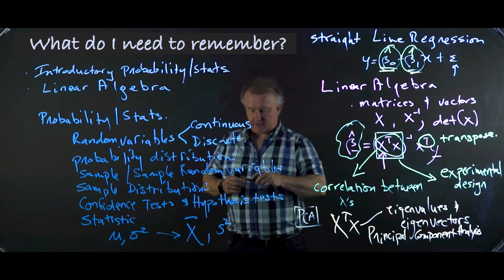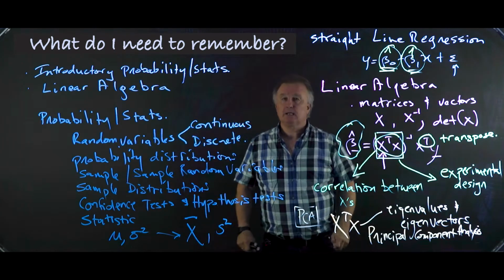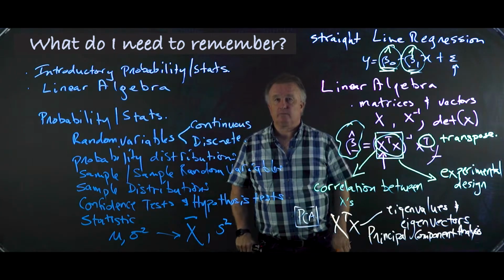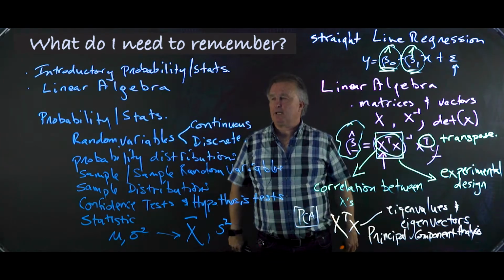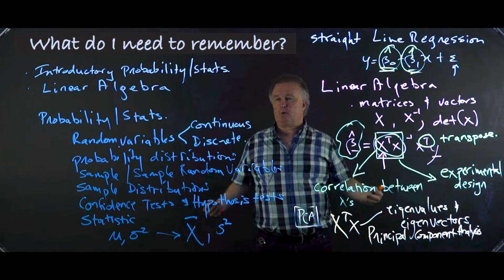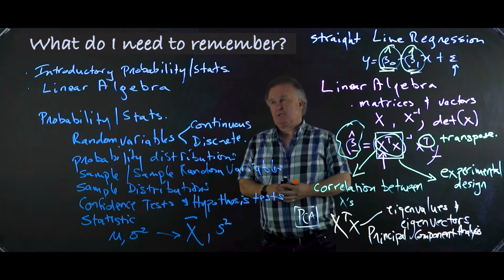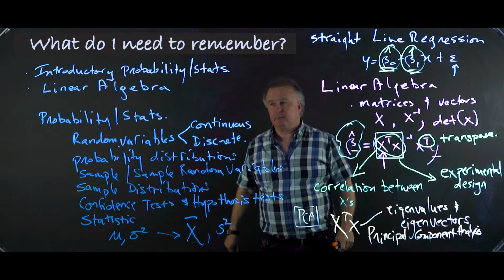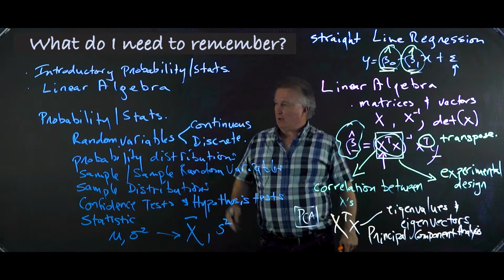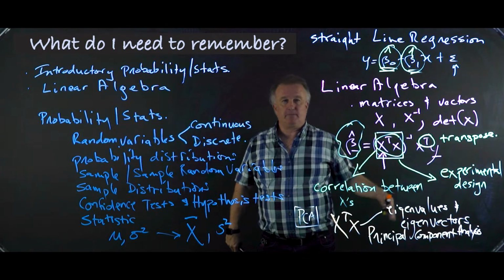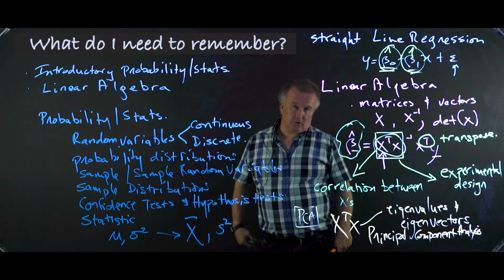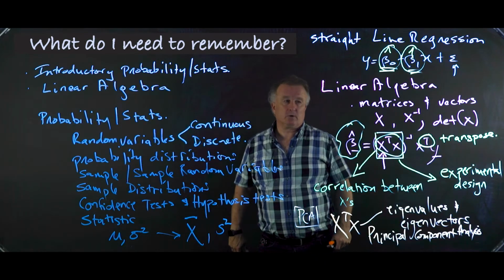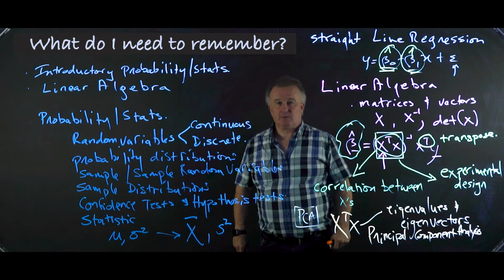So that's another thing that we're actually going to use linear algebra for. So this pretty much gives you the main set of knowledge that I want you to carry forward from your introductory courses in linear algebra and in probability and statistics. I will have some videos that give some background or refreshers on pieces of those, but I am expecting you as well to go back to whatever your intro courses were and review the key concepts as we use them in the course.